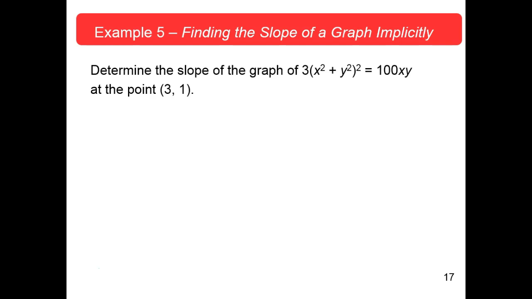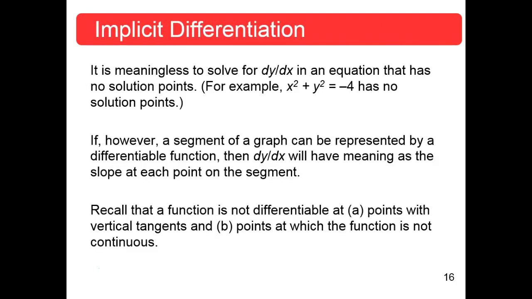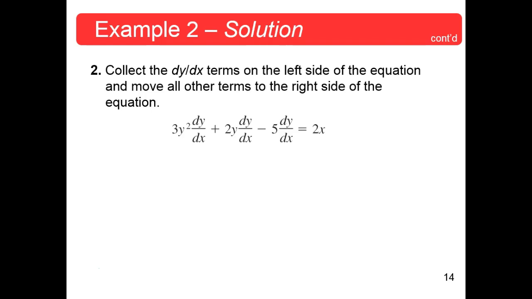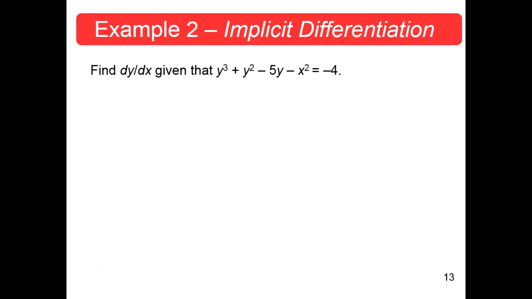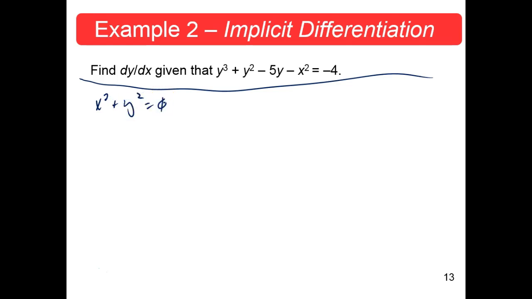This is probably the best place to do example 3. If possible, represent y as a differentiable function of x. x squared plus y squared is equal to 0. What do you think?